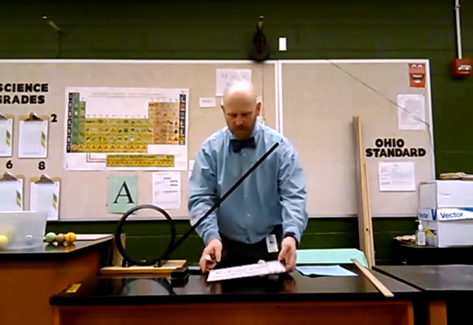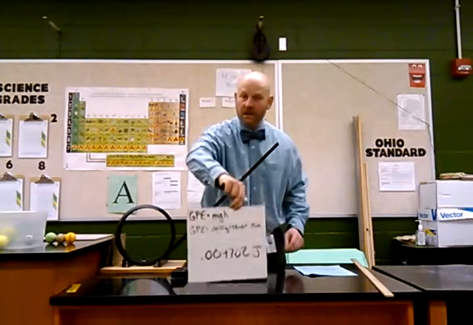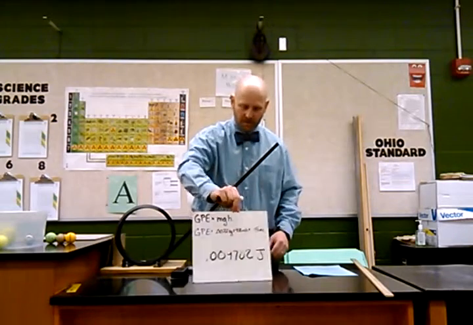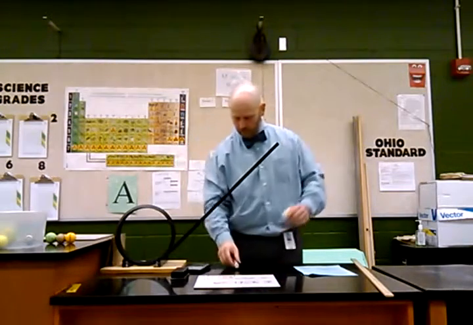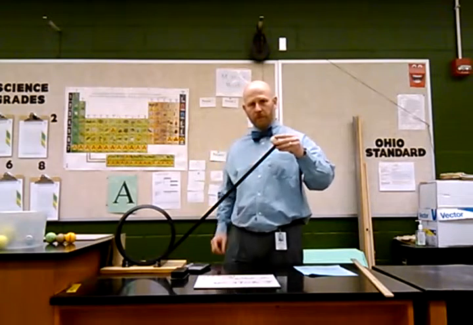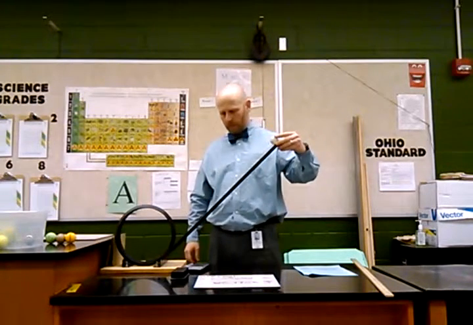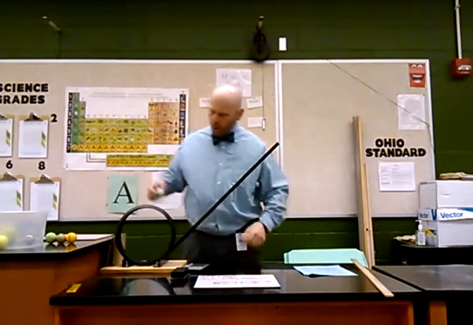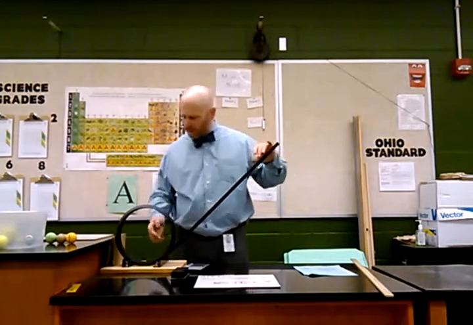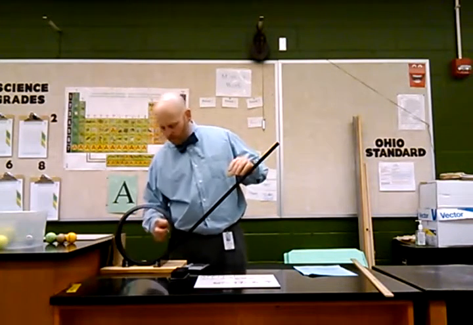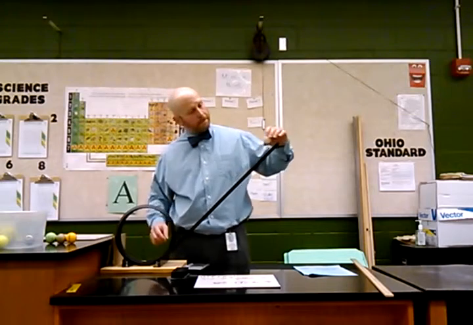Okay? So here are my calculations already, and the question is, is this enough energy to have this object complete this track? Here we go, in 3, 2, 1. Almost. That was almost enough energy to come all the way around and complete one complete revolution.